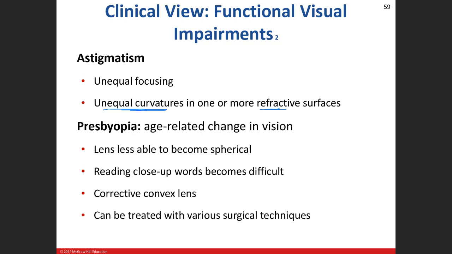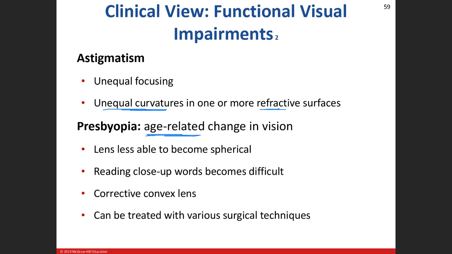And then as you get older, this is the one where you start to see folks wearing glasses as they get older, presbyopia. And this is basically because the lens loses its ability to shape change as easily. Remember, as we get older, we start to produce fewer and fewer collagen fibers for our skin, fewer and fewer elastic fibers in our skin.